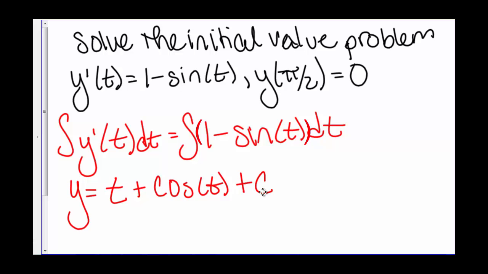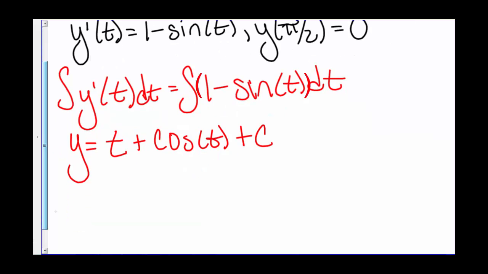To find C, we need to use our initial condition. So y equals 0 when t equals π/2.